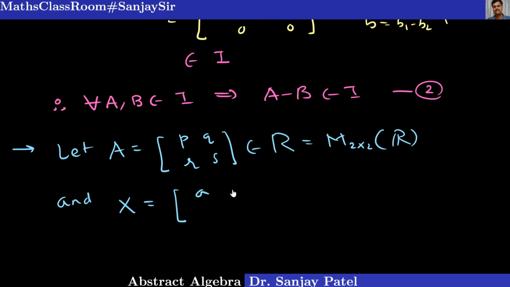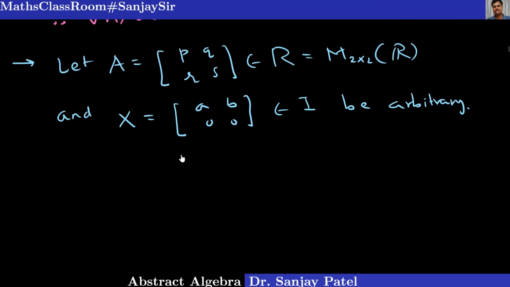So I'm taking A, B, 0, 0, which belongs to I. A and B are any two arbitrary elements. To prove it is a right ideal, I should multiply the element A, which is in the ring R, on the right hand side of the multiplication sign.